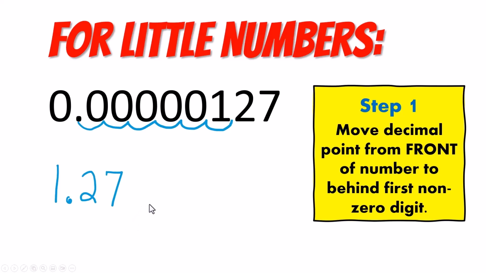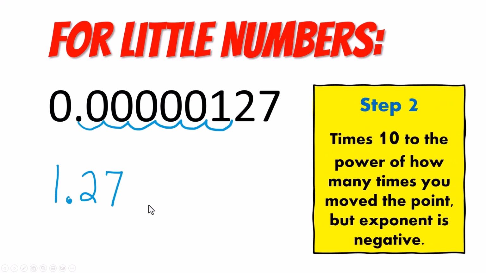Now here's what's going to be interesting. Step 2 is you're going to multiply this times 10 to the power of how many times you moved the point. But, this is a big but, the exponent is negative. You can't use a positive number like big numbers. You have to use a negative number for a little number. So this would be 1, 2, 3, 4, 5, 6. So we would have negative 6 as our exponent.